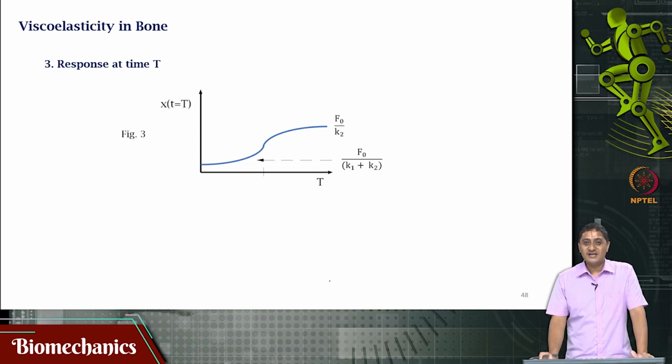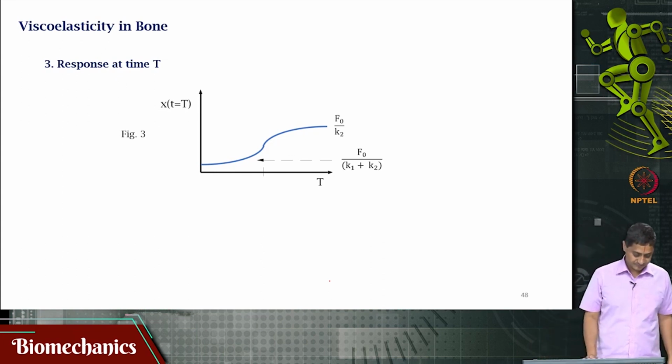This means when you say that you are applying the force fast or slow, what it means is that compared to the corresponding time constant, how fast or slow is the force applied. Compared to tau sigma, in this case tau sigma is the time constant, how fast or slow is your time of application of the force. If it is comparable or much smaller, the response is different.